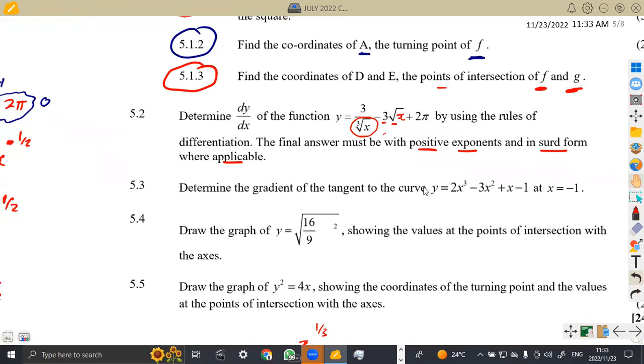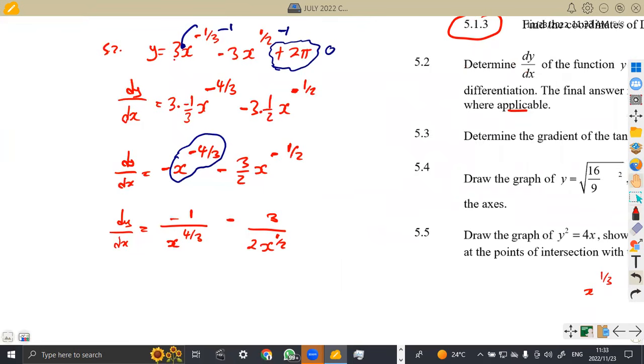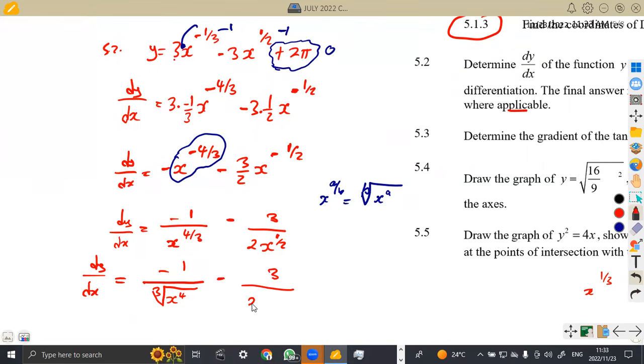In surd form, that means your answer is supposed to be under the root, which is very proper here, because we know that x to the exponent of a over b is the bth root of x to the exponent of a. So that means we can rewrite our dy/dx as minus 1 over the cube root of x to the exponent of 4, minus 3 over 2 times the square root of x.